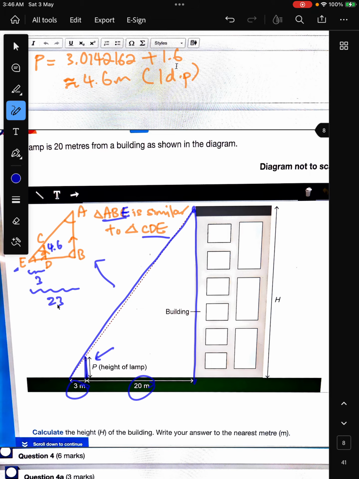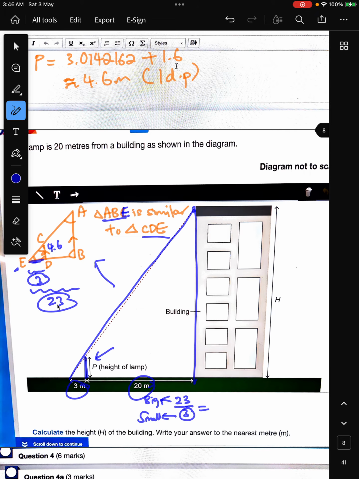In this case, since the length of BE is 23 and the length of ED is 3, would you agree that the ratio of the big triangle to the small triangle has to be 23/3? So I'm going to put big triangle and this would be small triangle.